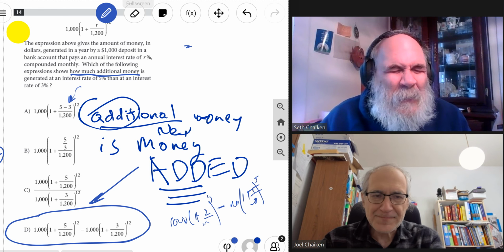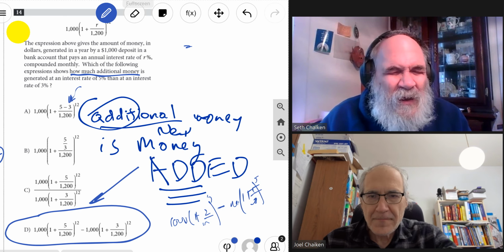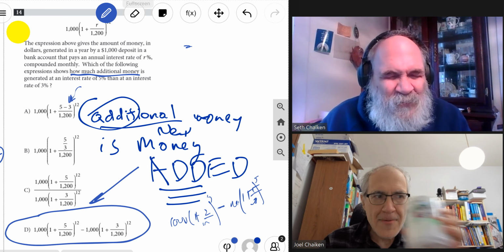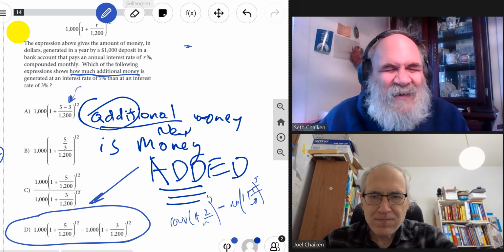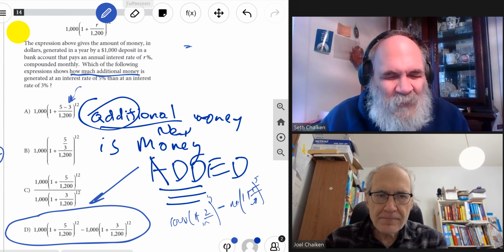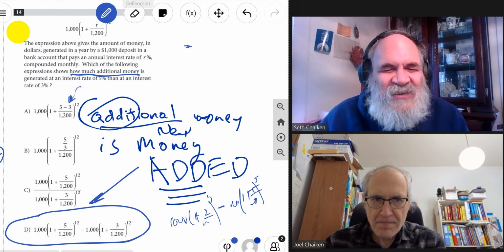Sometimes there are two ways of comparing quantities. One, by asking how much additional is the new quantity over the old quantity, and that additionalness is computed by subtracting.